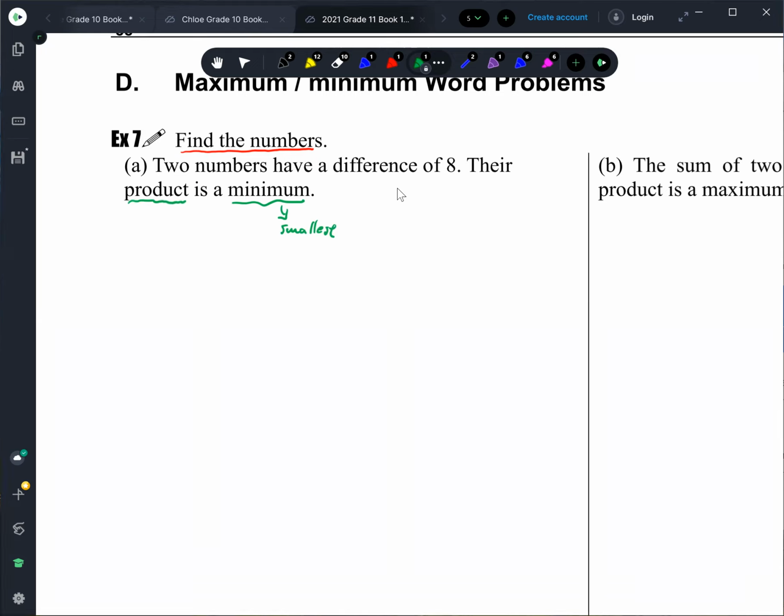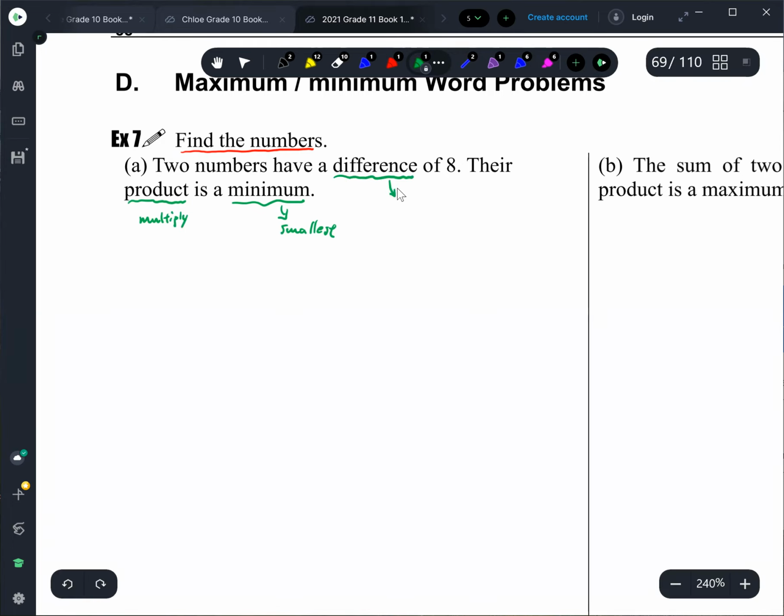The answer of multiplication. Yeah, so multiplying. When you multiply the two numbers together, it should be the smallest. What about difference? It is the amount between the two numbers. If you subtract one from another, that's the difference, the answer of subtraction. Okay, very good. Thank you, Henry.